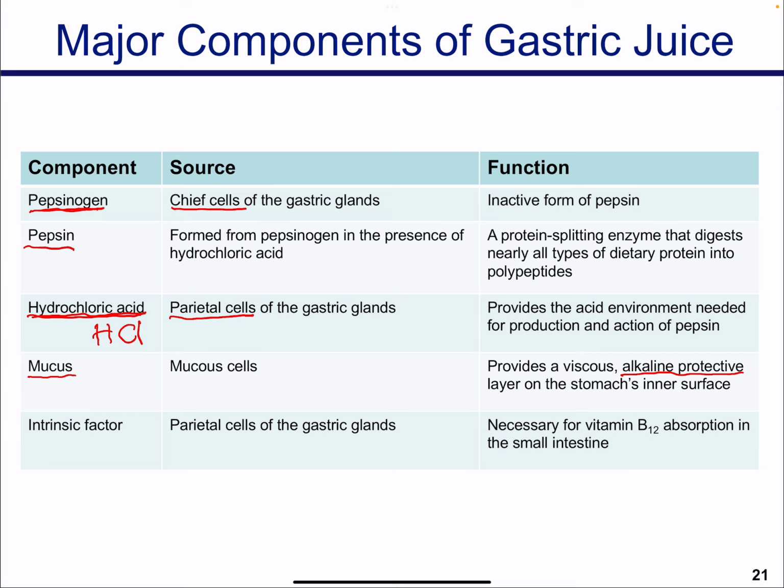This alkaline protective chemical is going to prevent the burning of the cells in the stomach, right? And then we are going to have some intrinsic factors, okay, that are released by parietal cells. These intrinsic factors are going to be, for instance, for the absorption of vitamin B12, okay, in the small intestine.